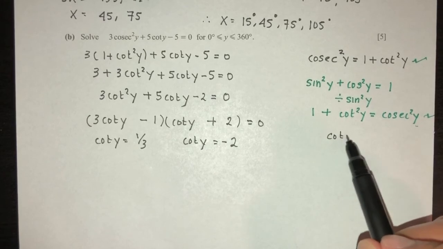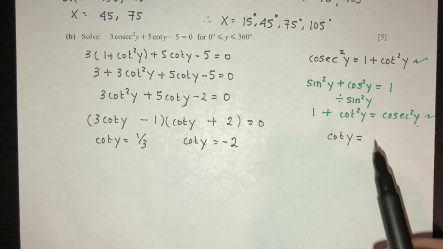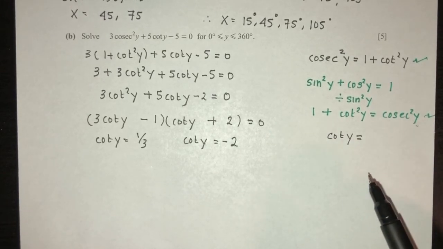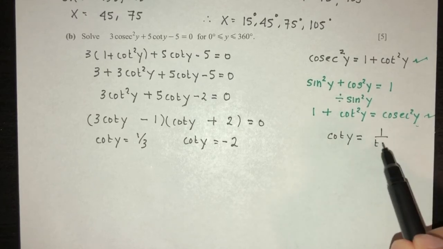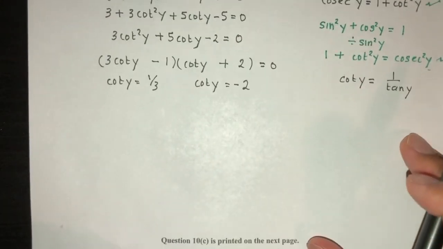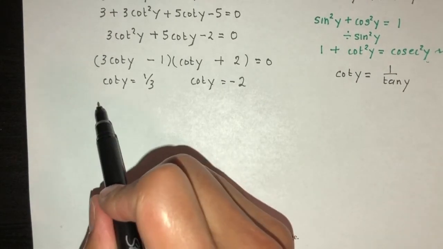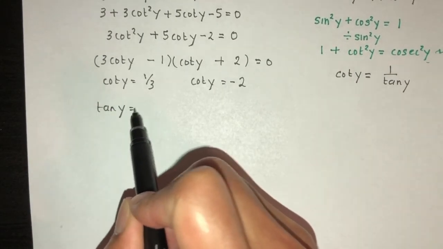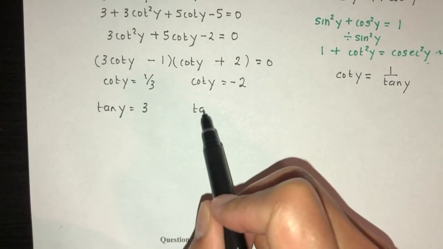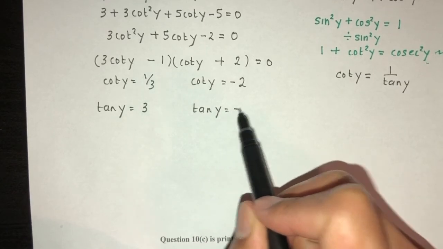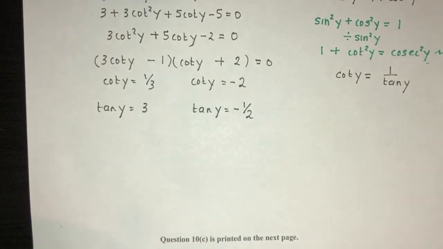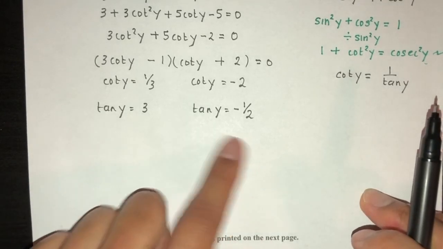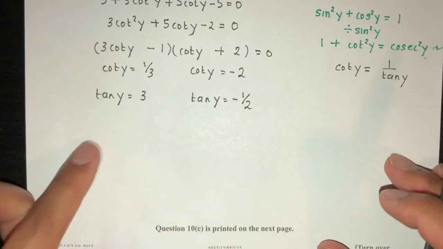Now what is cot y? Cot y is equal to what? So you must know by now, cot y is 1 over tan y. So replace here, you will have tan y is equal to 3 and tan y is equal to minus 1 over 2. So we have to solve them separately. Now let's solve the first one.